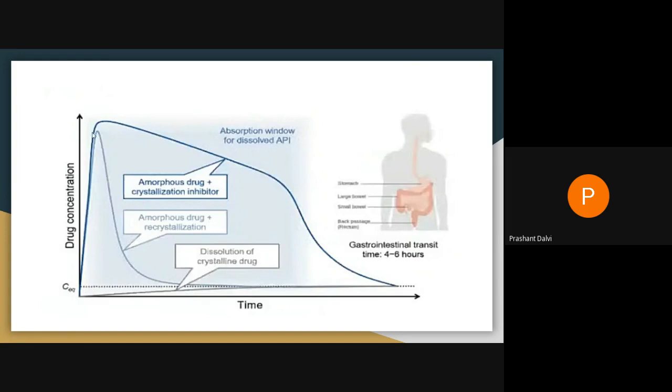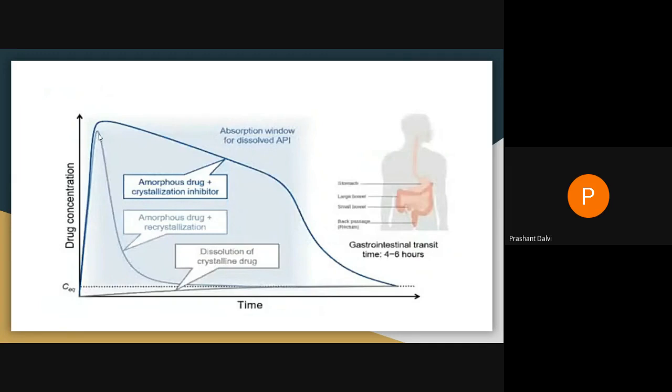Initially, in 2 to 3 hours, it shows the peak level. The drug concentration is high in the drug plasma concentrations, and you can see there it shows the peak level.